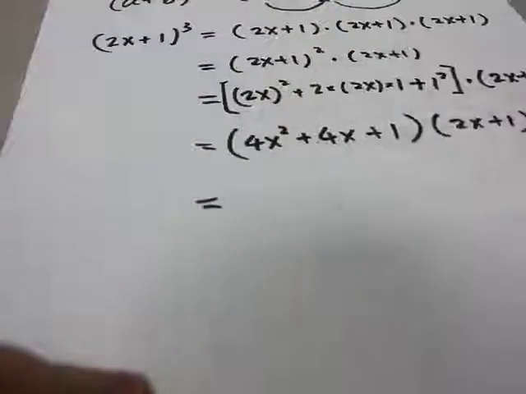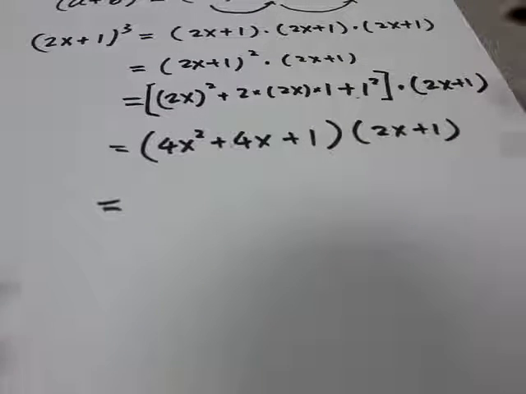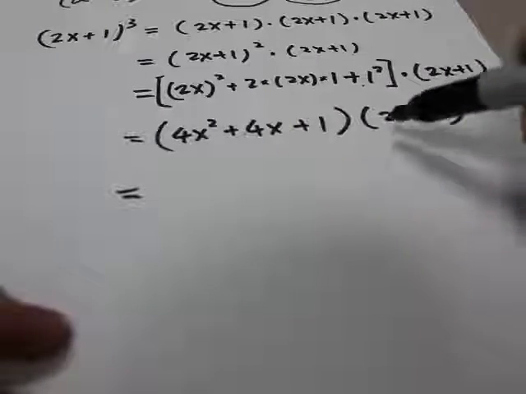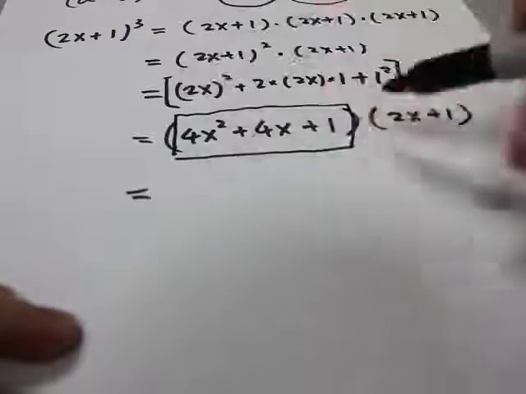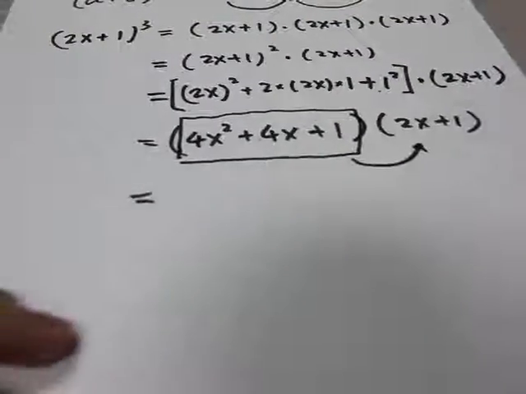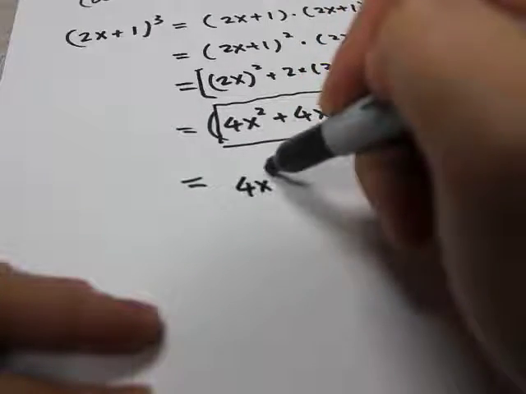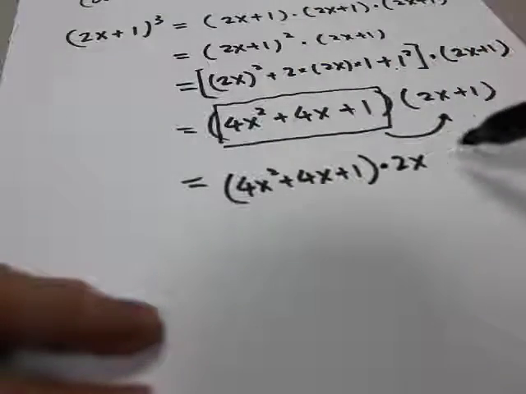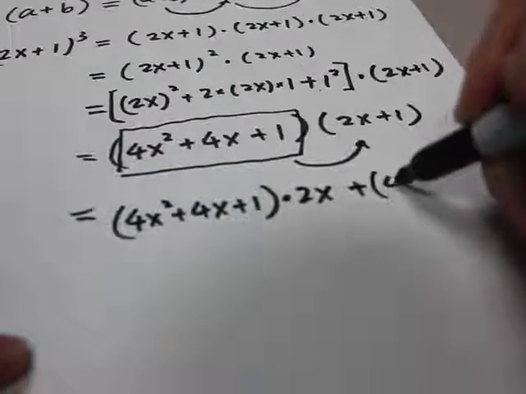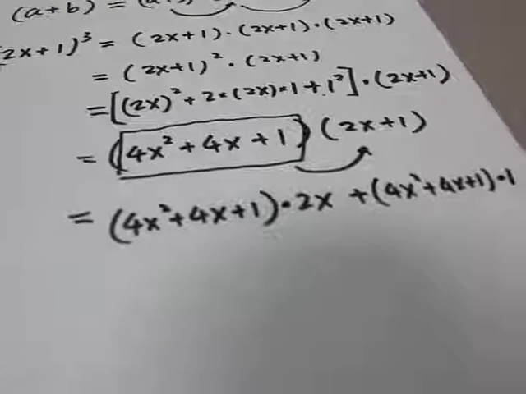Okay, then to find out what this product equals, we can use the distributive property. I'm going to distribute this polynomial into 2x plus 1. That means I have this polynomial multiplied by 2x, plus this polynomial multiplied by 1.